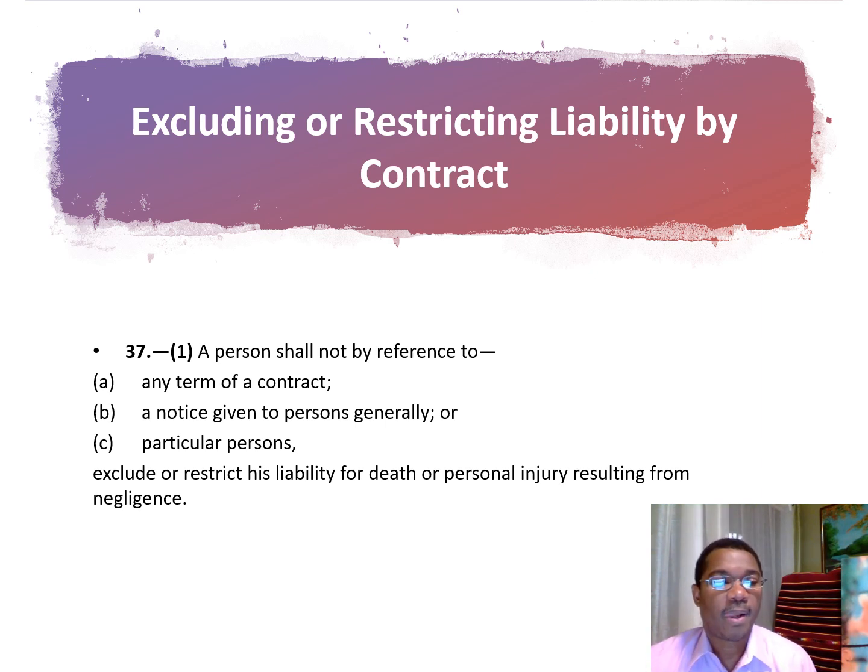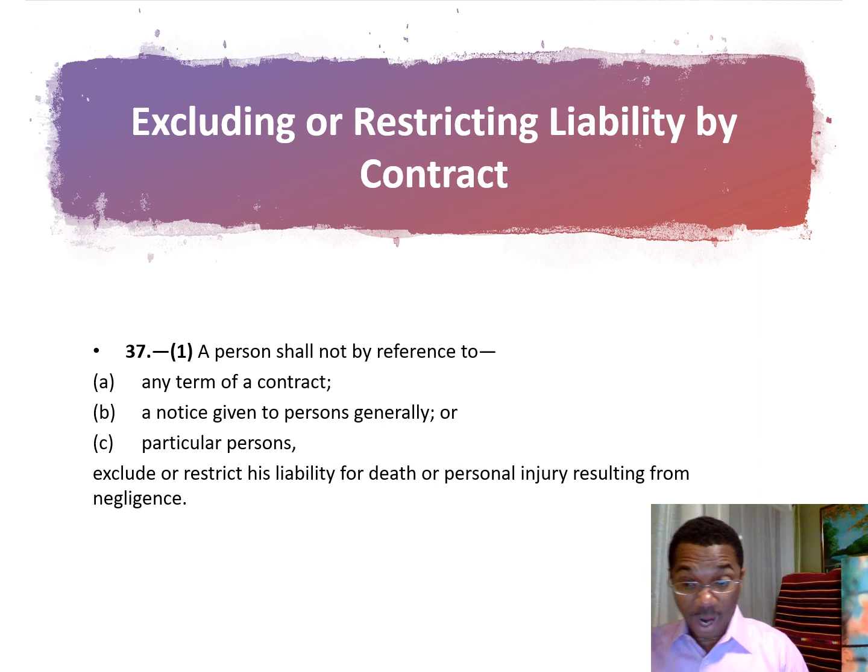So here, section 37, subsection 1 makes it clear that a person shall not, by reference to any term of a contract, notice given to persons generally or particular persons, exclude or restrict his liability for death or personal injury resulting from negligence.